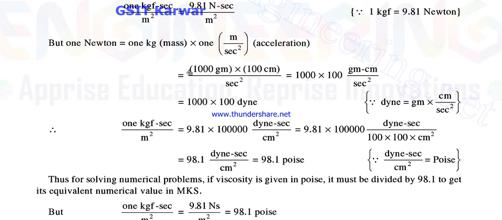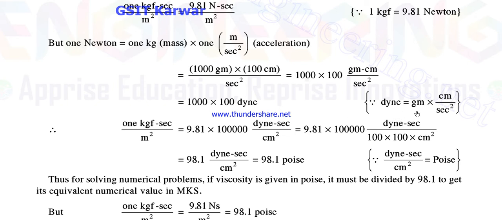Here, 1 kg means 1000 gram, and meter is converted to 100 centimeter, and the remaining is second square. Finally we get these values, and in other words we also call it one dyne.